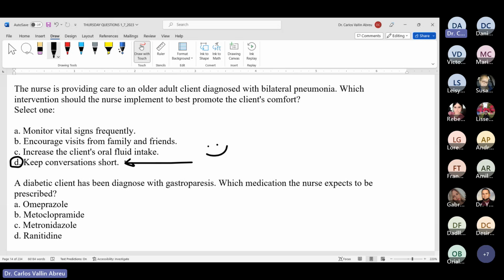And for comfort, you should keep conversation short. Fluid intake is important, it is a life or death situation. Encouraging visits is not good because the client precisely needs the opposite, which is D. And monitoring vital signs frequently is a life or death situation. It is not for comfort. Okay, very good.